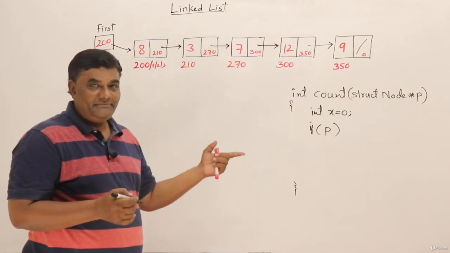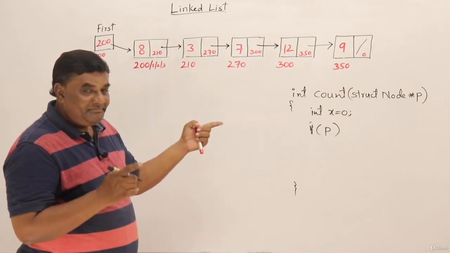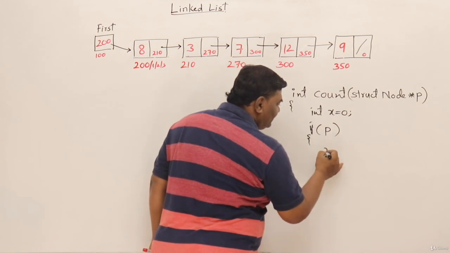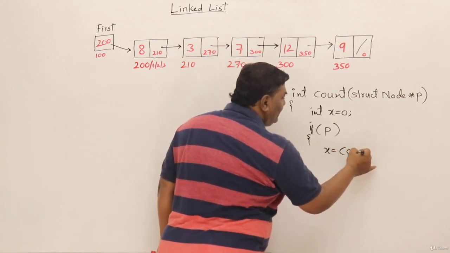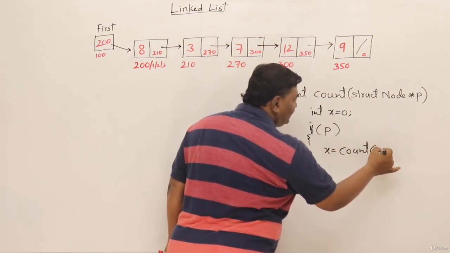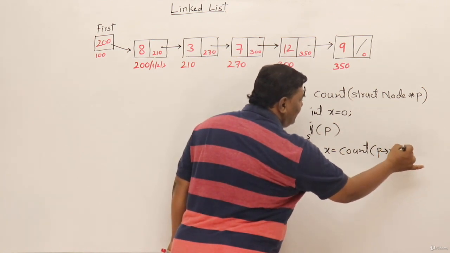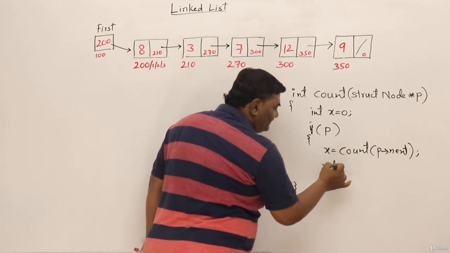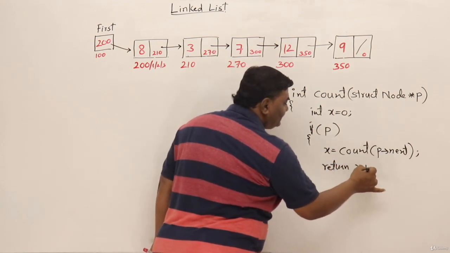If P is null, then it will be false. So this is for P pointing on some node, that is not null. If it is not null, then x assign count of next node. So we'll call this function and get the result in x. Then we will return x plus 1.